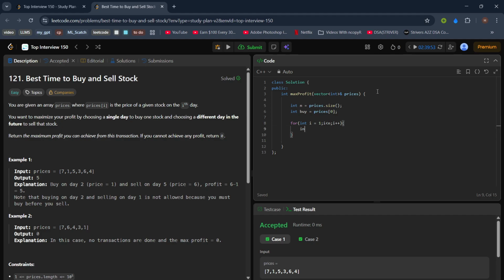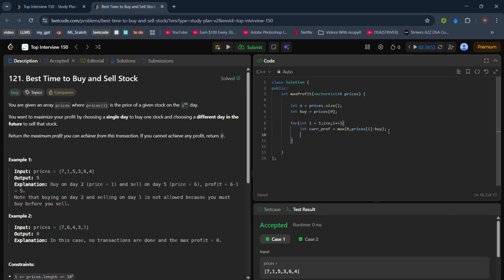So what will be our current profit? Int current profit would be equal to the maximum of 0 comma prices[i] minus buy. The point where we are selling and what was our cost price.